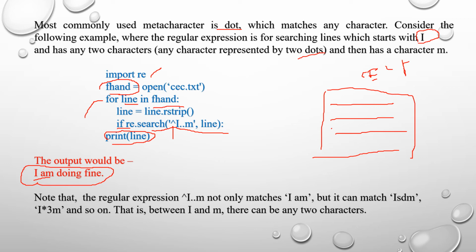Note that the regular expression caret I dot dot m not only matches "I am", but it can also match I star 3 m and so on. That is, between I and m there can be any two characters. So this is the use case of the dot character.